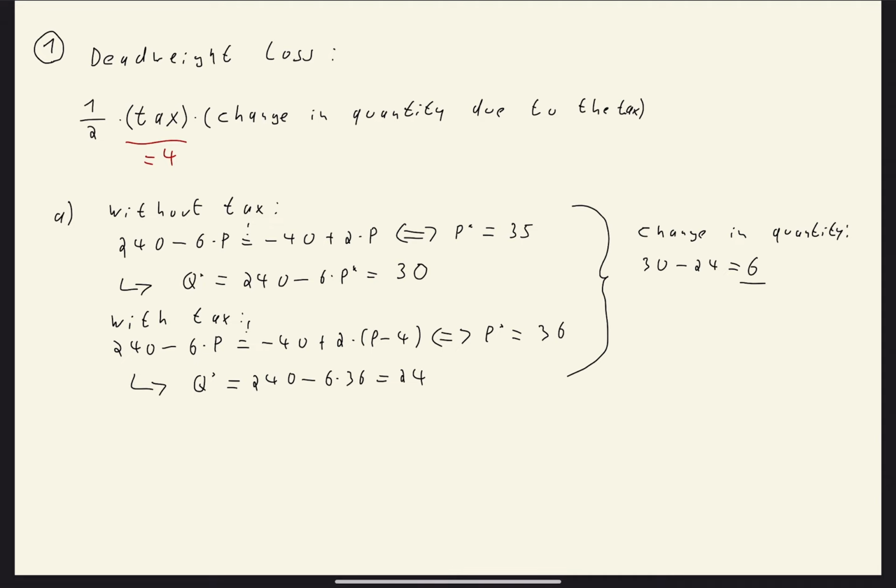Then the deadweight loss is 1/2 times 4 times 6, which is 24, so divided by 2, it's 12, of course. So the deadweight loss due to a tax of $4 per unit levied on the producers of super sticky glue is equal to 12. So $12 is what we lose due to this tax.